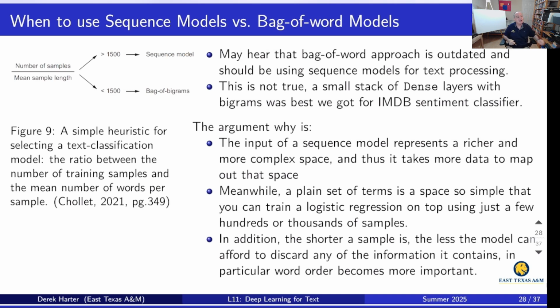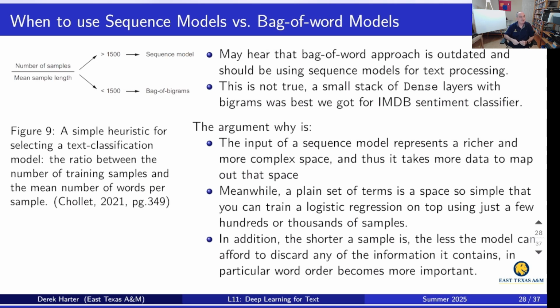The dividing line is that you really need big data for transformers and sequence models with recurrent layers to work well. You need to adequately have the input space sampled, or else you'll have problems. In that case, usually a bag of words model will work better. So a small stack of dense layers with bigrams was probably the thing that was working the best with our IMDb sentiment classifier here.